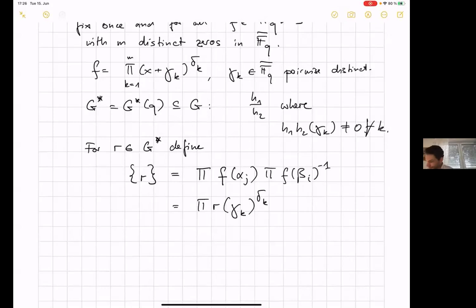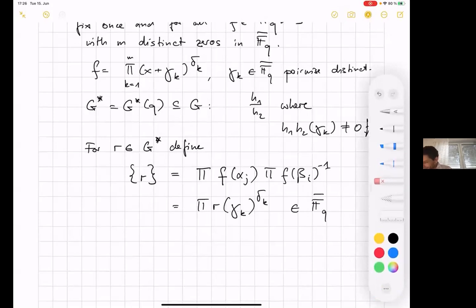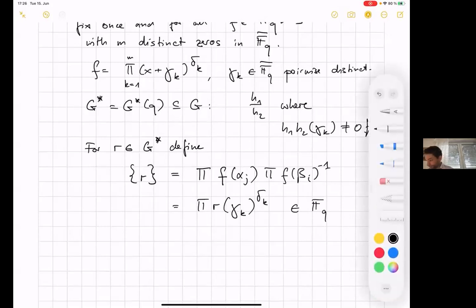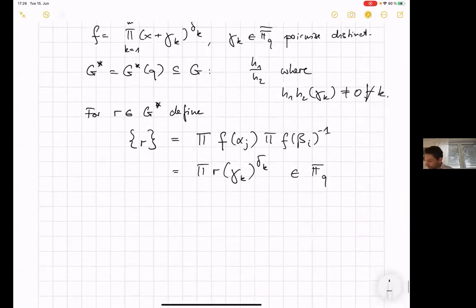So this is a number, yeah? So this is an element in F_q bar, and in fact, it's not only in F_q bar, it's in F_q because it's symmetric, yeah? So by Galois theory, you see that it's actually in F_q. So to each rational function, I associate a number, okay?